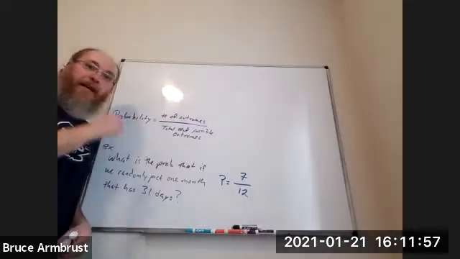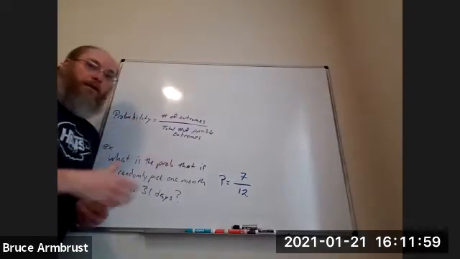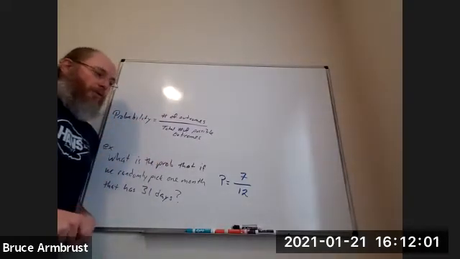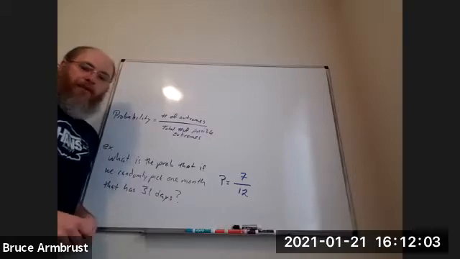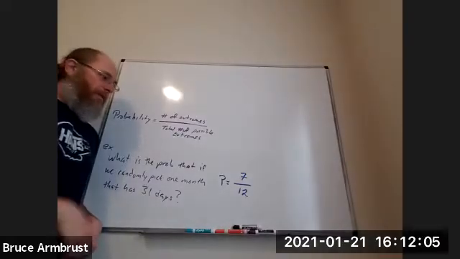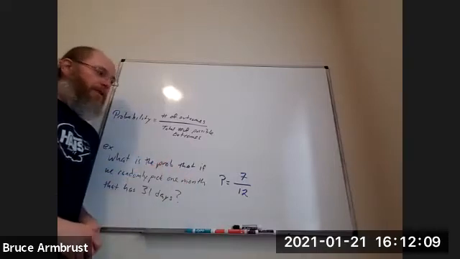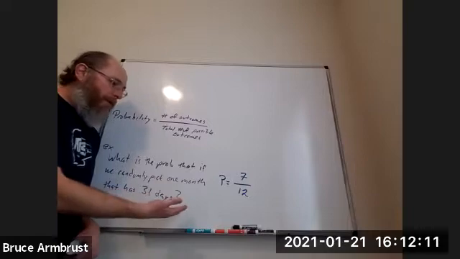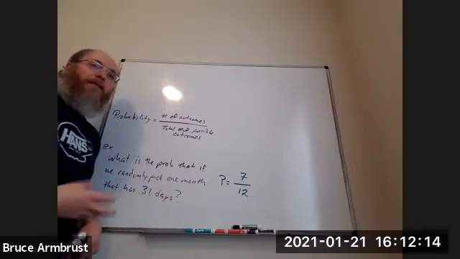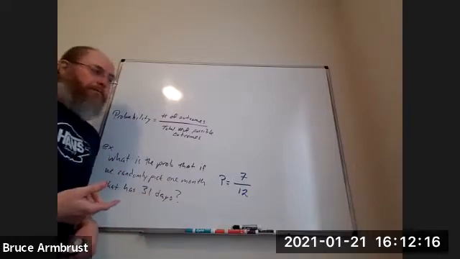So 7 times out of 12 on the long haul, you will pick a month that has 31 days. Nice and easy for certain things, but we have to count up how many different possibilities there are and how many of them give us what we want.